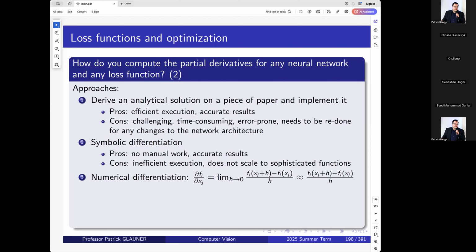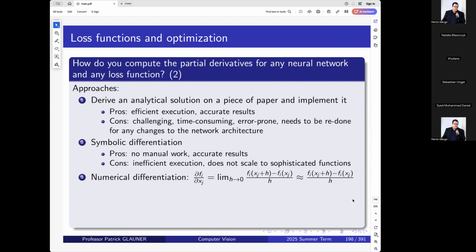And it turns out when h is very, very small, you can approximately use this statement, just plug in your very small h and find a numerical approximation of your derivative.